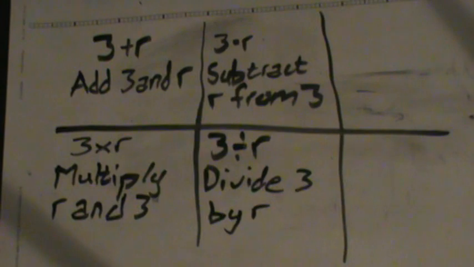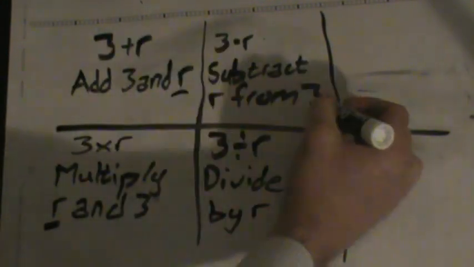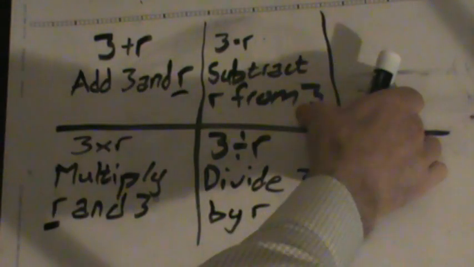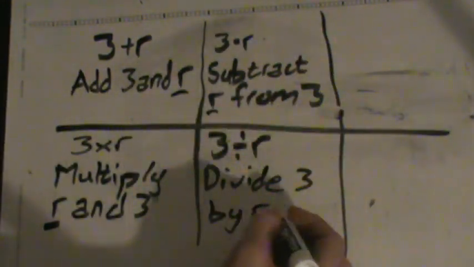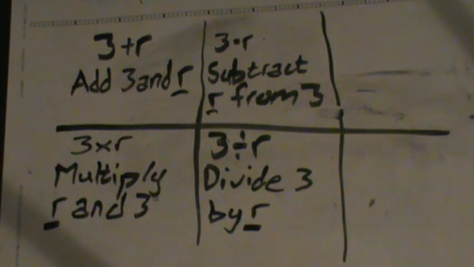And in all these cases, it doesn't matter what r equals. We're just saying what the expression tells us to do. So use this and go to page 239 in your expressions book, and it should look something like this. I'll zoom in for a moment, and you can write these out.